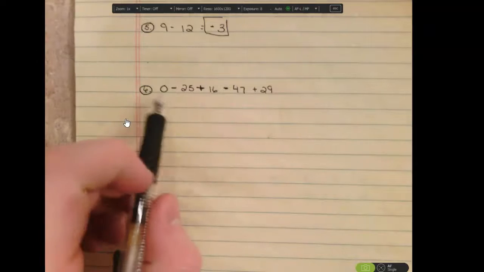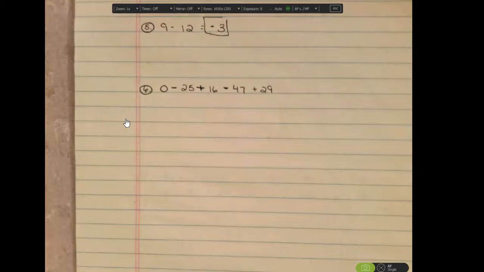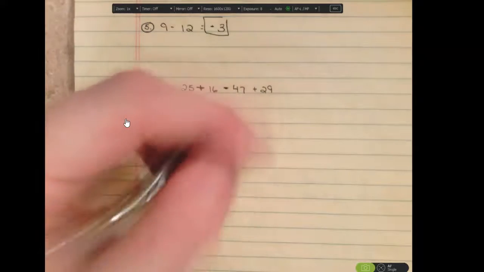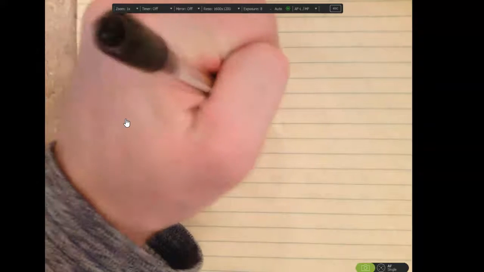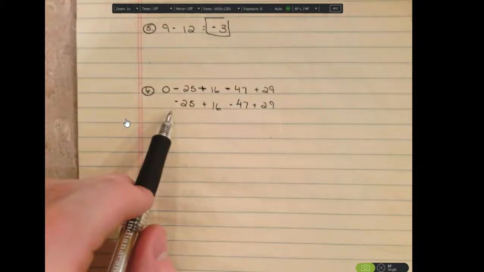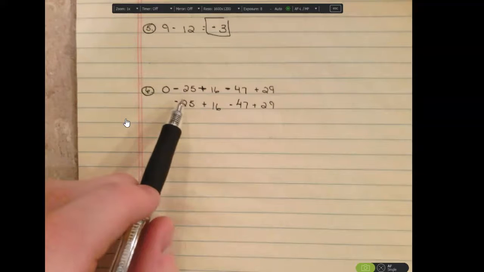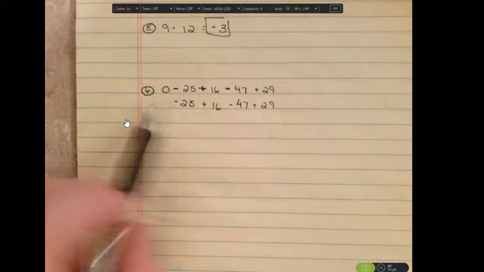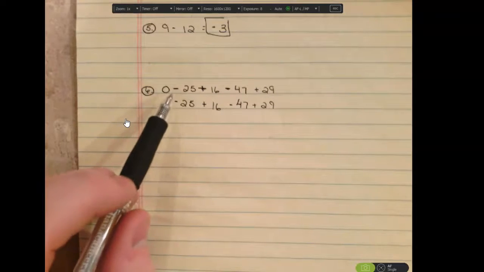So I'm going to conquer this first problem, 0 minus 25. 0 minus 25, that's going to give me negative 25. And then I'm going to go through and just rewrite the rest of my problem. And the reason it makes negative 25, well, I got a positive 0, negative 25, signs are different, you subtract them. 25 minus 0, take the sign of the larger number, negative, negative.